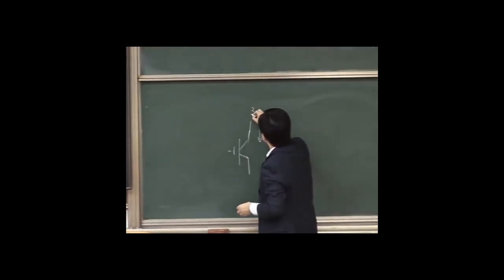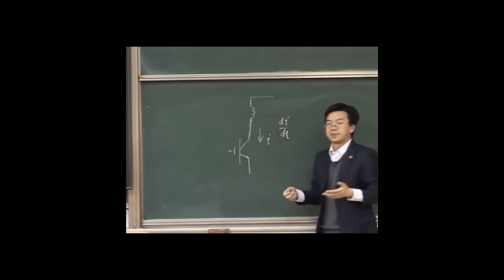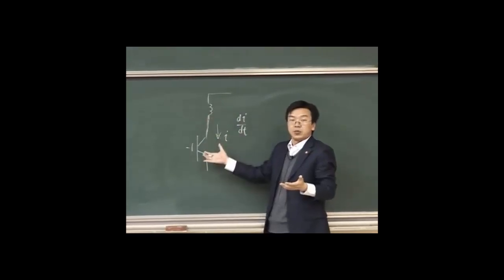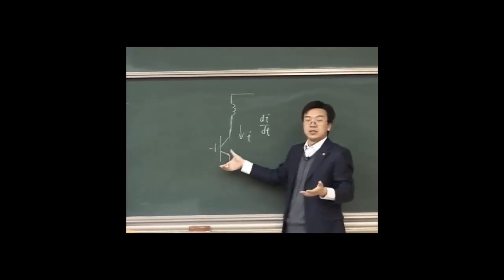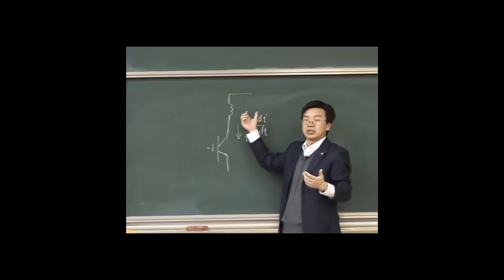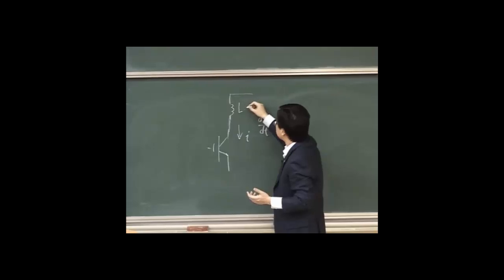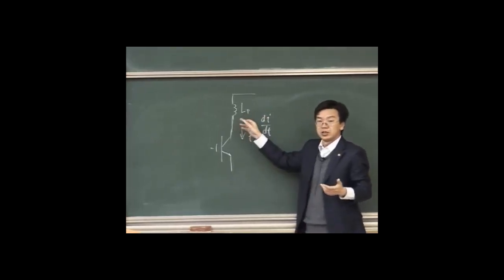And then there is the equivalent inductance of the wire. You always have some wire connecting this IGBT with other circuit. So let me use LP, the parasitic inductance of the wire.